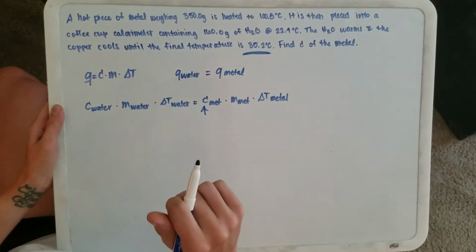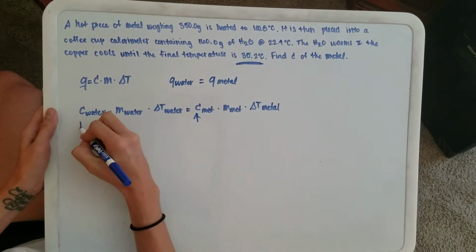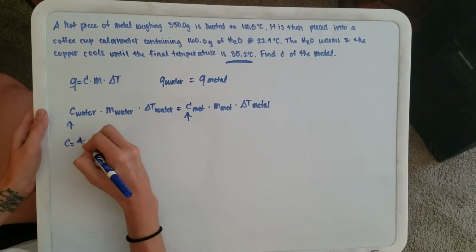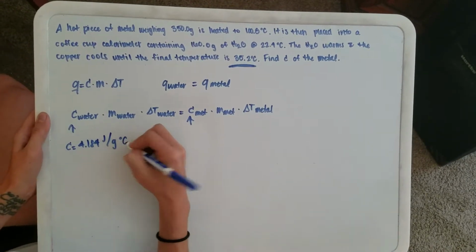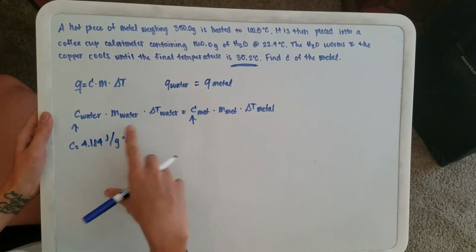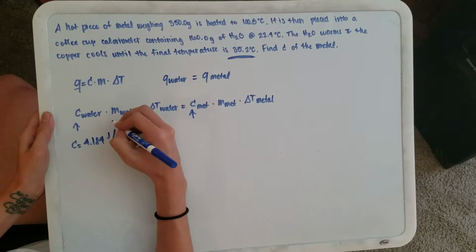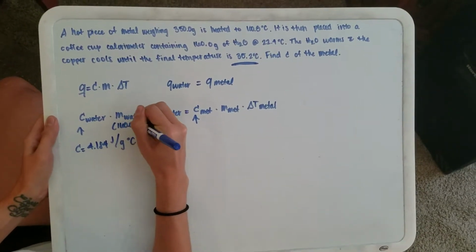Now this is something your professor is probably going to want you to memorize, the specific heat of water. The specific heat of water is 4.184 joules per gram degrees Celsius. We can find everything else here. We know the mass of the water is 160 grams.